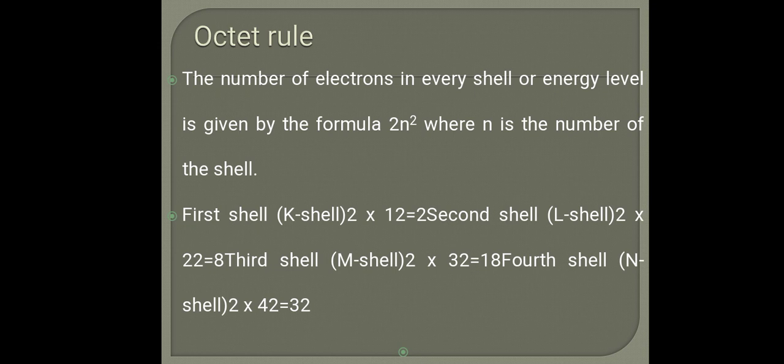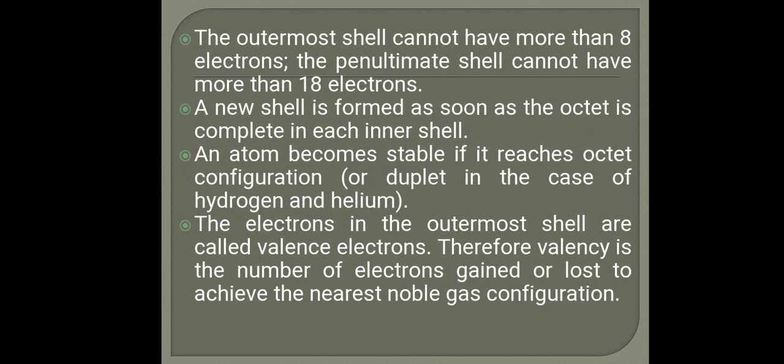By this formula you can calculate the number of electrons in any shell. The outermost shell cannot have more than 8 electrons. The penultimate shell cannot have more than 18 electrons. A new shell is formed as soon as the octet is complete in each inner shell.